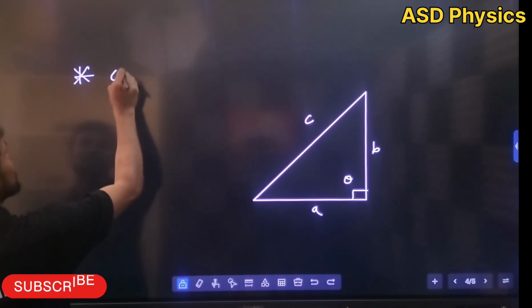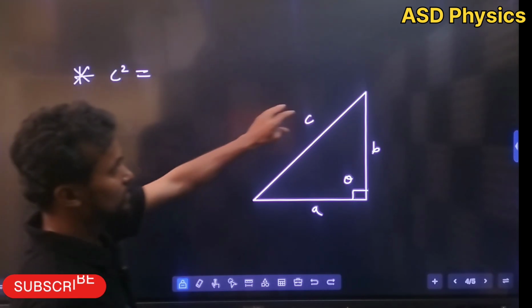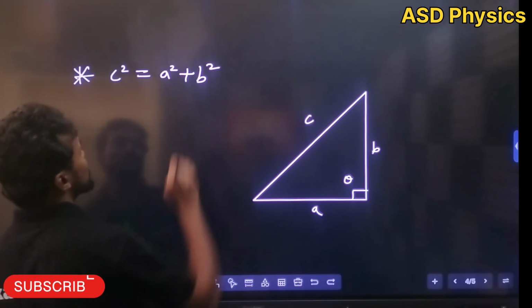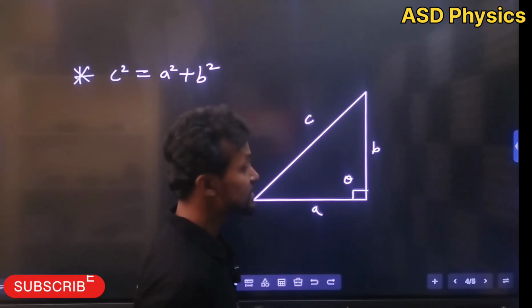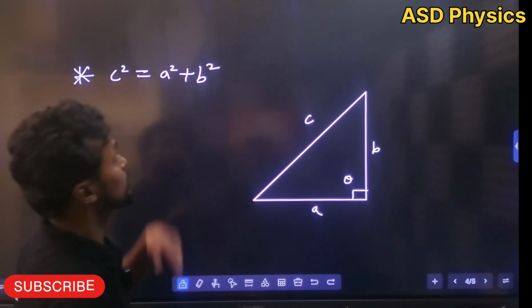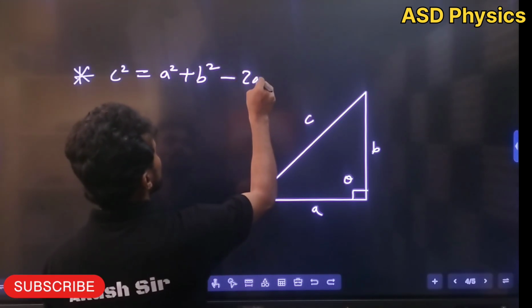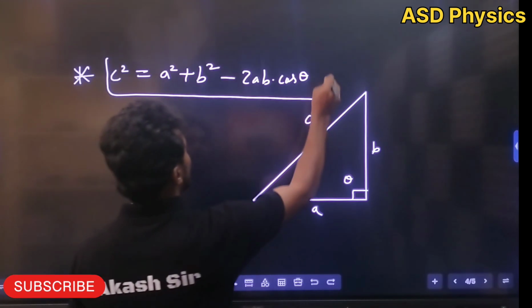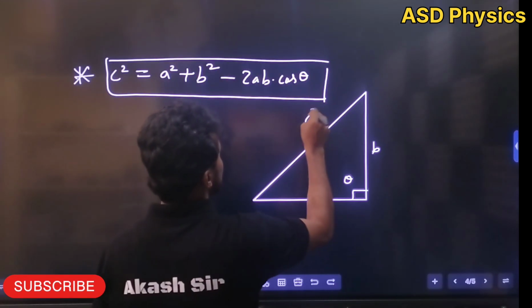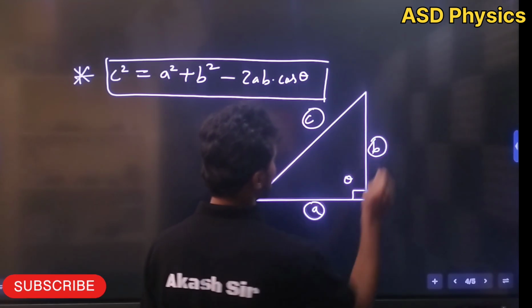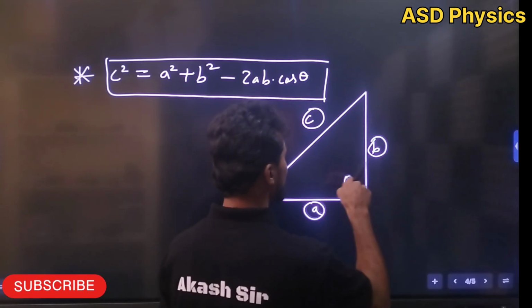So I can write C square equals A square plus B square, and because the angle is between sides A and B, C square equals A square plus B square minus 2AB cos theta. You should remember this: C square is equal to A square plus B square minus 2AB cos theta.